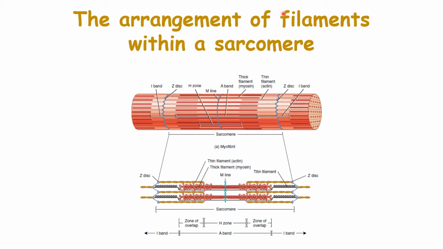Both thick and thin filaments are directly involved in the contractile process. Overall, there are 2 thin filaments for every thick filament in the regions of filament overlap.